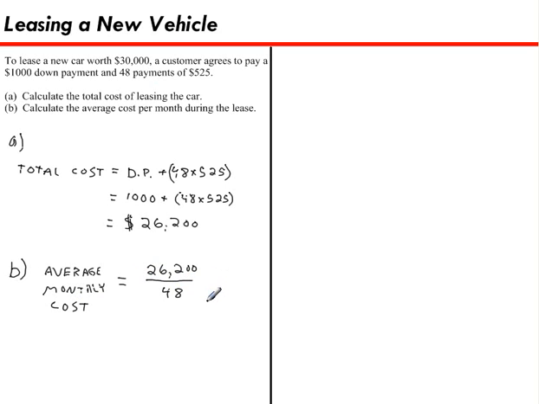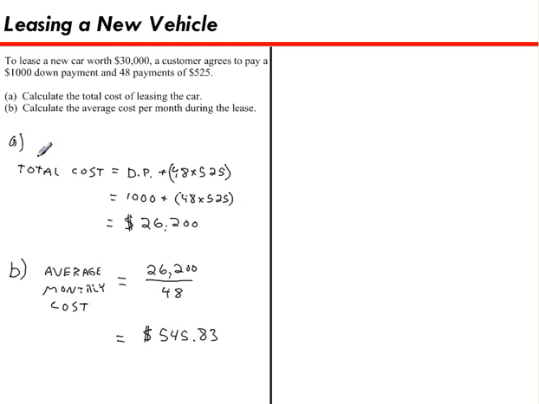And that will give us the average cost per month of leasing the car. And again, this is calculator work, but I'll show you that the answer I got was $545.83. So it's still a fair chunk out of your wallet every month to lease this car, but it might be worth it compared to buying the car.